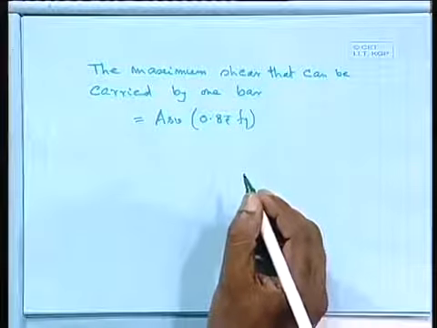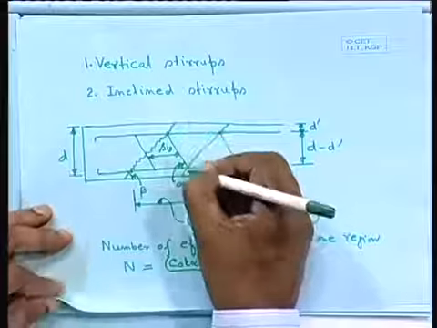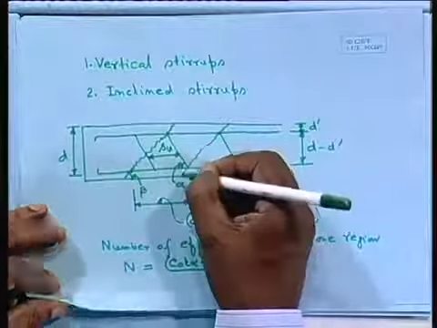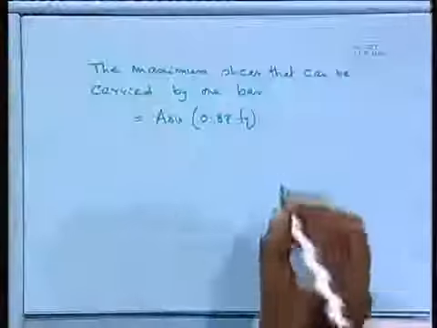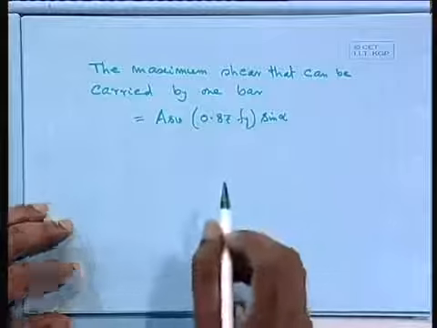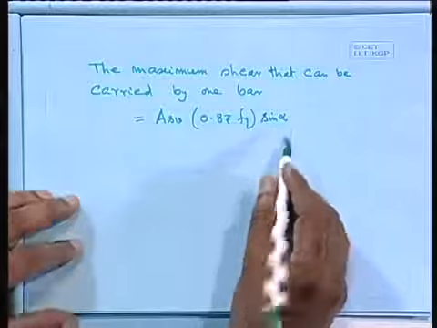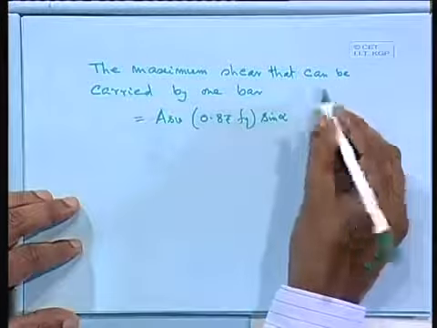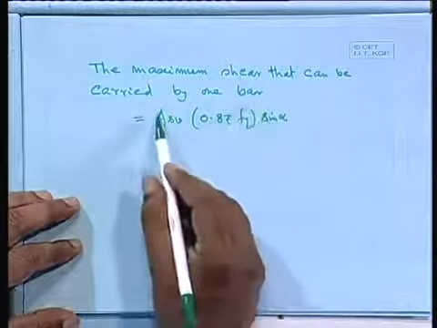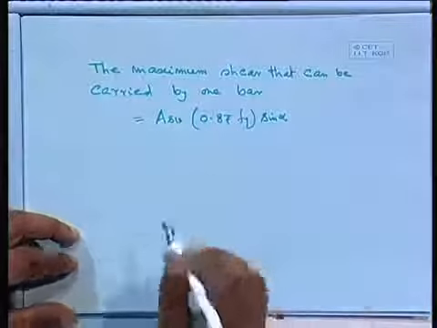It should be vertical component because it is inclined. We are taking these bars, so it should be inclined. So we are taking the resisting component, which comes as times sine alpha. So ASV times 0.87 Fy times sine alpha we are getting. So this is the maximum shear that one bar can take. If we consider a stirrup, if it is two-legged, we have taken care of that twice in ASV.